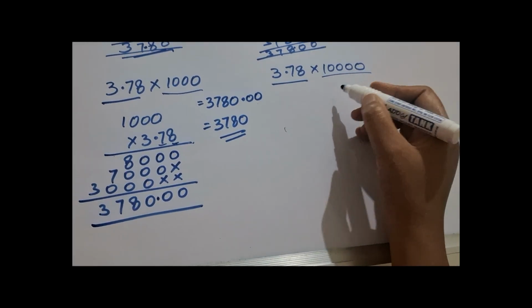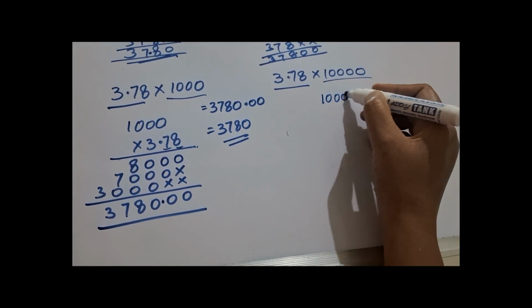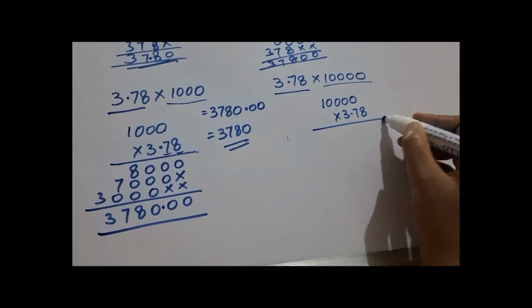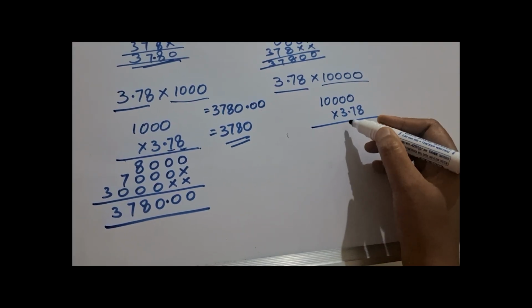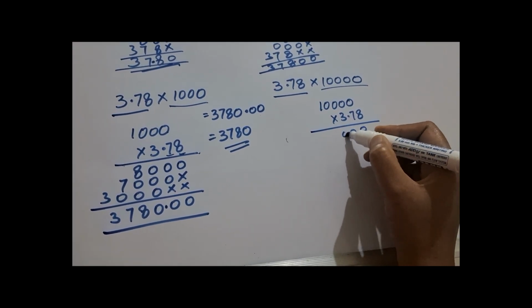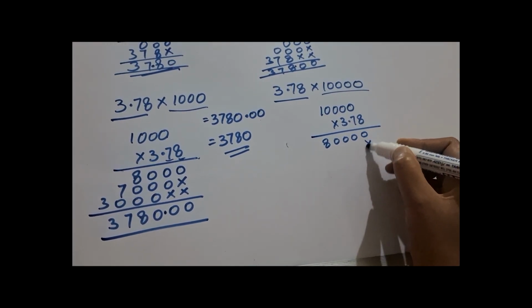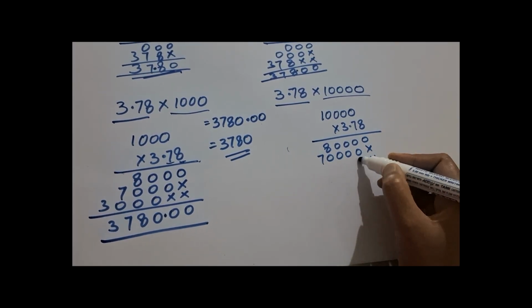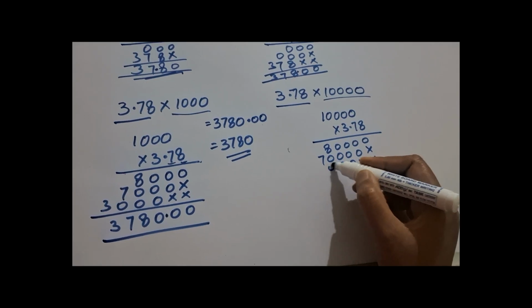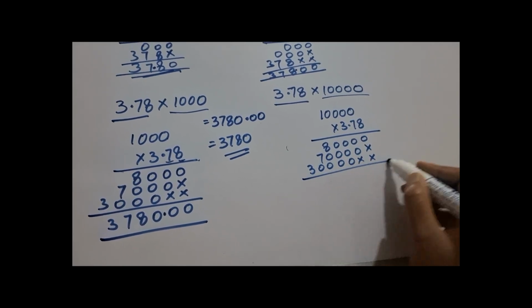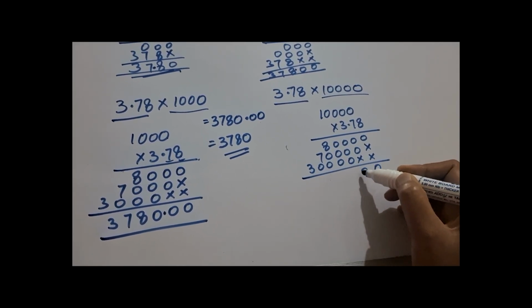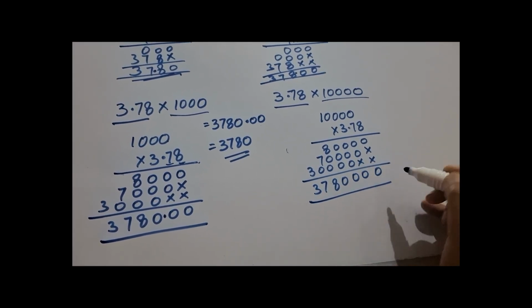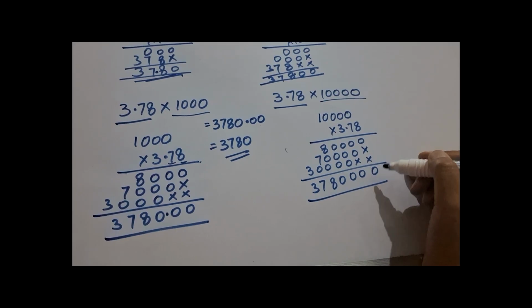Next, coming to this one, 10,000 into 3.78. What will we get? Here also we get 8, and this one 0, 0, 0, 0, 7, and this one 0, 0, 0, 0, 3. Okay, and the final number we get. Okay, this is the final answer.